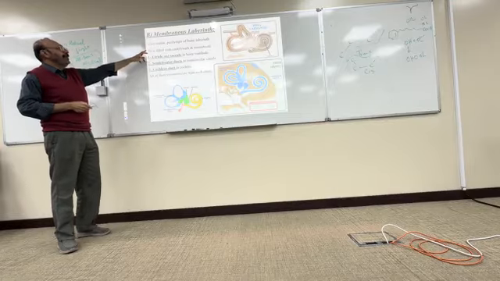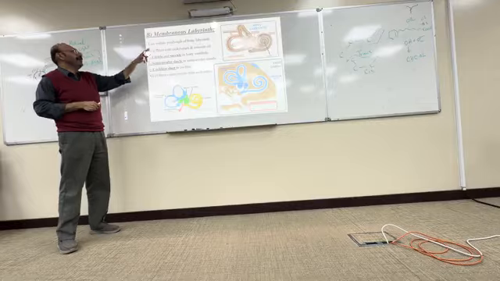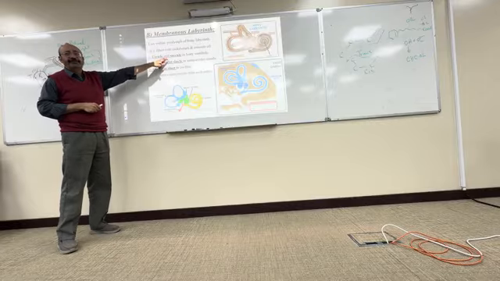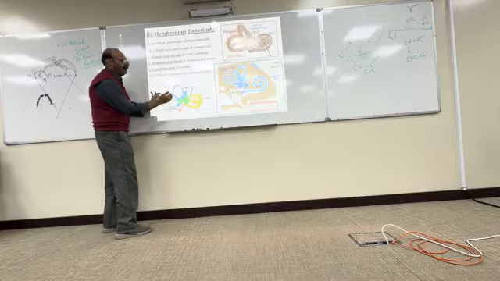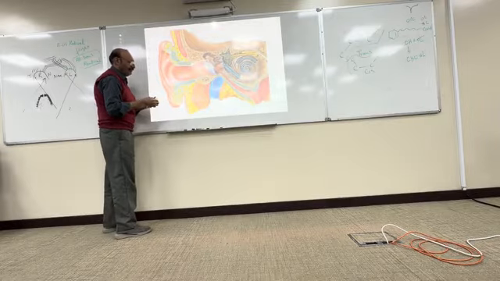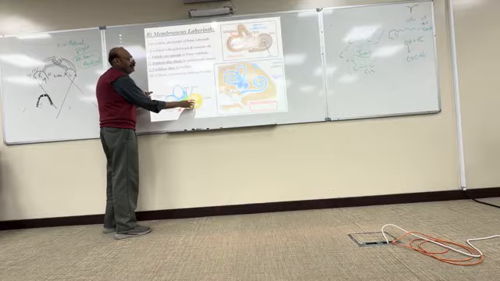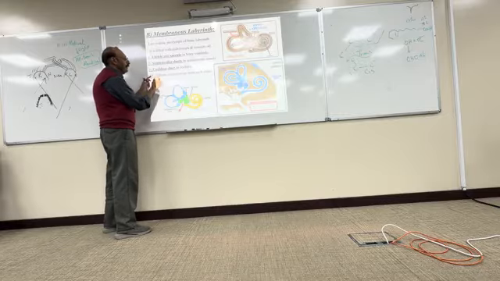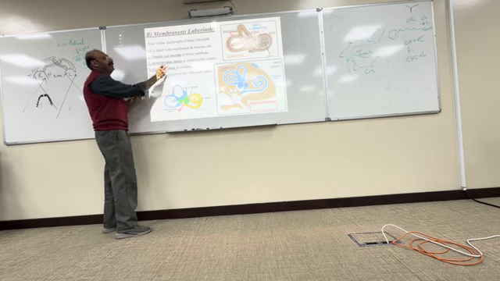The membranous labyrinth lies within the perilymph of the bony labyrinth. It is filled with endolymph, and it has the utricle and saccule here in the vestibule, the cochlear duct in the cochlea, and the semicircular ducts.